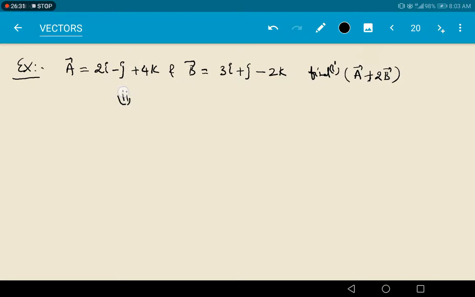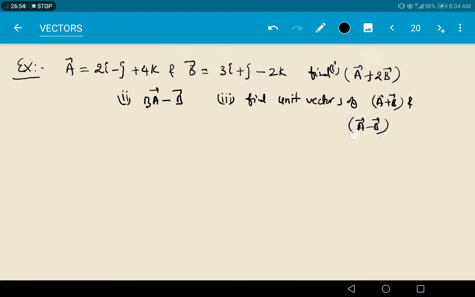Next question, 3a bar minus b bar, and find unit vectors of a bar plus b bar and a bar minus b bar, a bar minus 2b bar. So these are the questions they are asking. Let us take one by one.